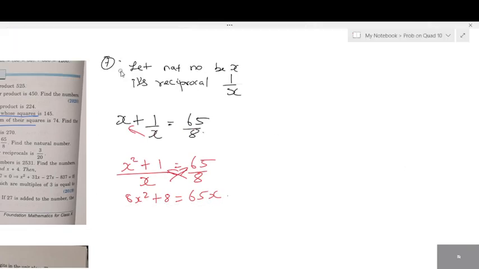Bring 65x to the other side, minus 65x. Keep 8x square as it is, minus 65x plus 8 is equals to 0.